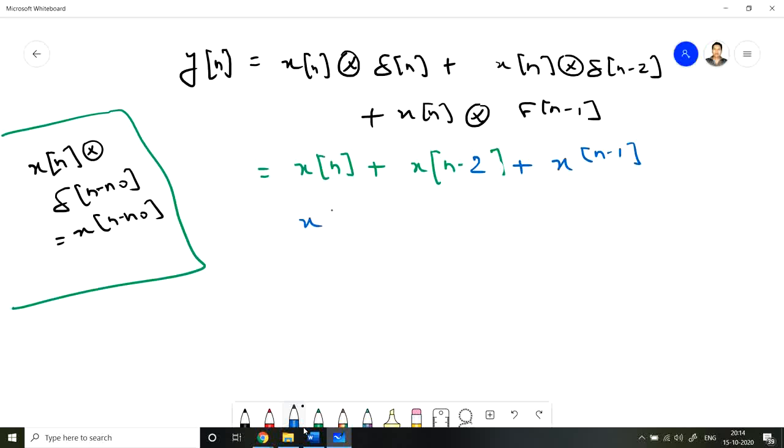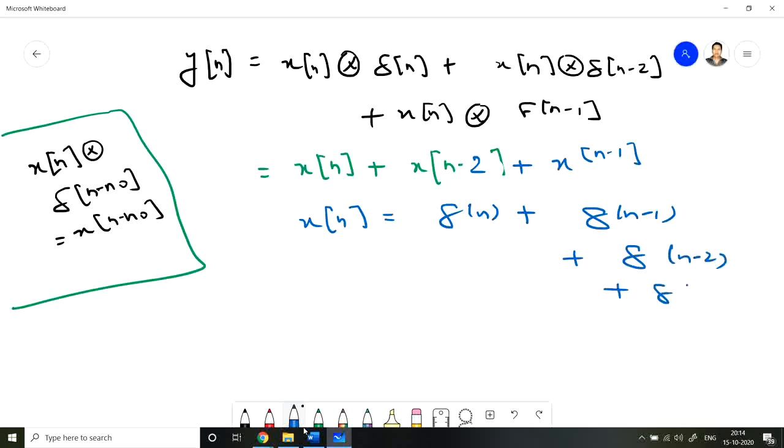Now what is xn? Xn is given as del n plus del n minus 1 plus del n minus 2 plus del n minus 3. So we can use the xn here in yn.